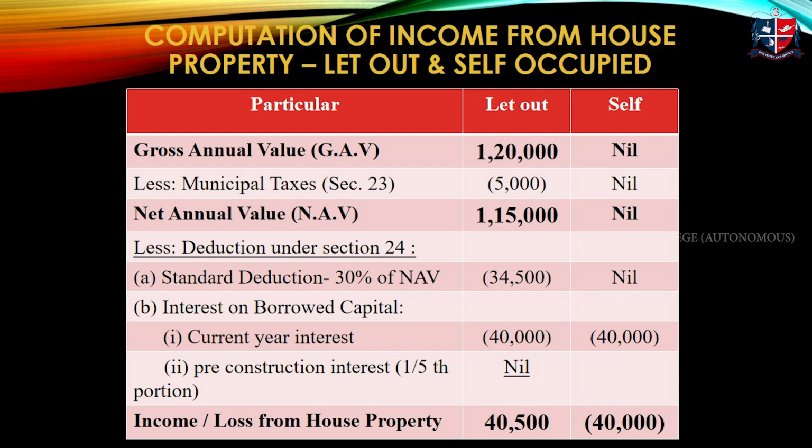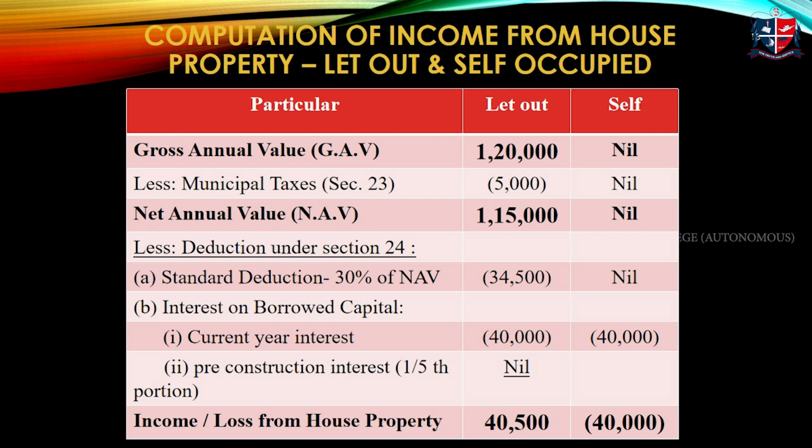Next, we are calculating the income from let out house property and self-occupied property separately. You can see this. There are 2 columns provided here. The particular column is the same. So first one, gross annual value. In case of let out, there is 1,20,000.